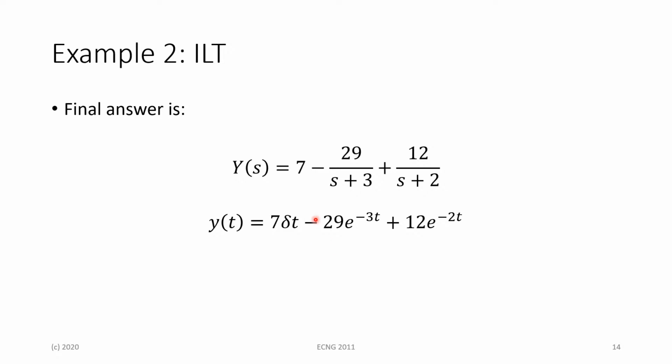And as such, when you actually do the transform, we can see here that the 7 will transform to 7 delta of t, minus 29 divided by s plus 3 is going to be 29 e to the minus 3t, and the 29 basically transfers accordingly, so this will be minus 29 e to the minus 3t. And similarly, for this part here, we basically will have 12 e to the minus 2t. And that's actually how you obtain your final answer.